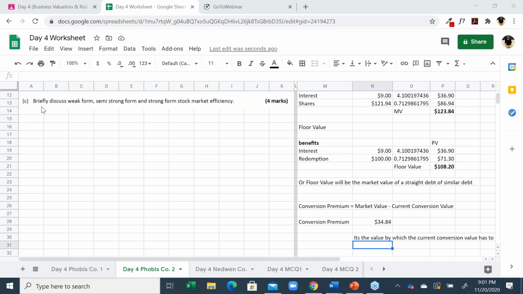The last part of the question is to briefly discuss weak form, semi-strong, and strong form market efficiency.